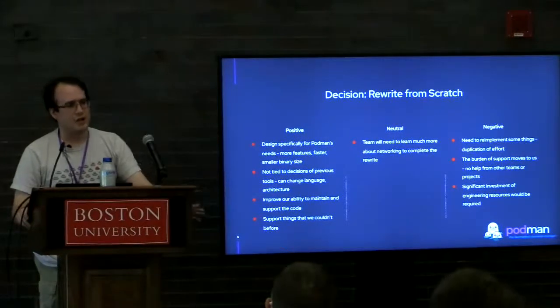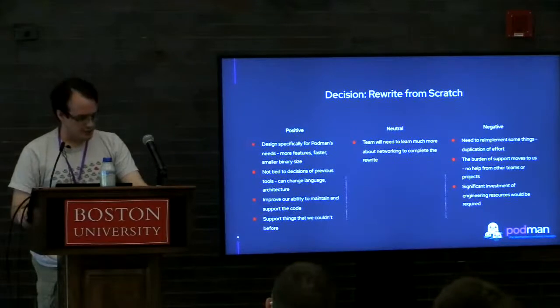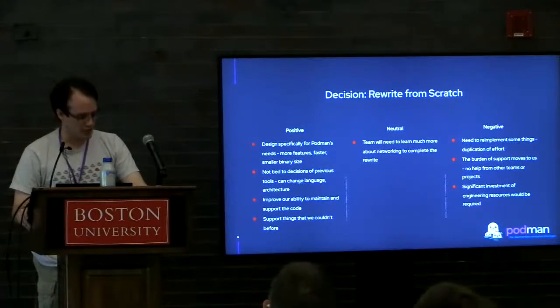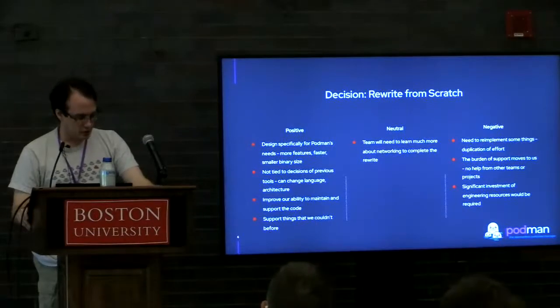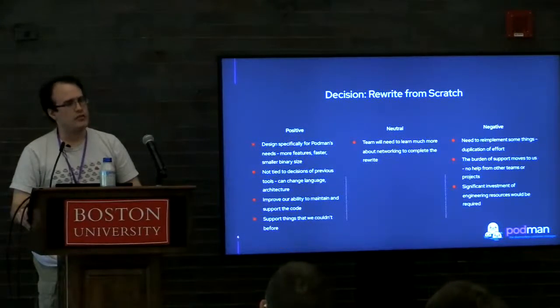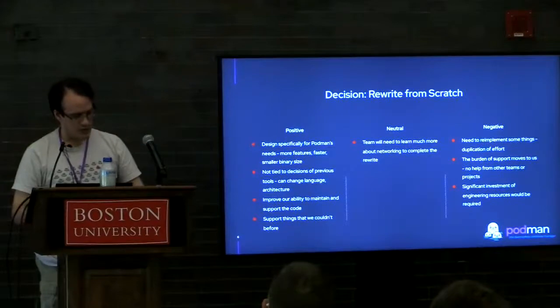It was heavily tied to their plugin model. Altogether, it looked like a massive investment, but the potential gains around supportability and performance seemed worth it. We decided to target Podman 4.0 for this. At the time, it was fall 21. We had a target date of early 2022 for Podman 4.0, so we had about a quarter, but not really that much time for the work.